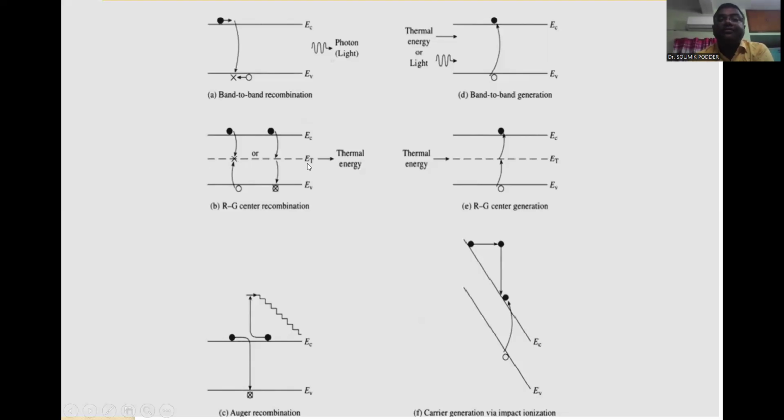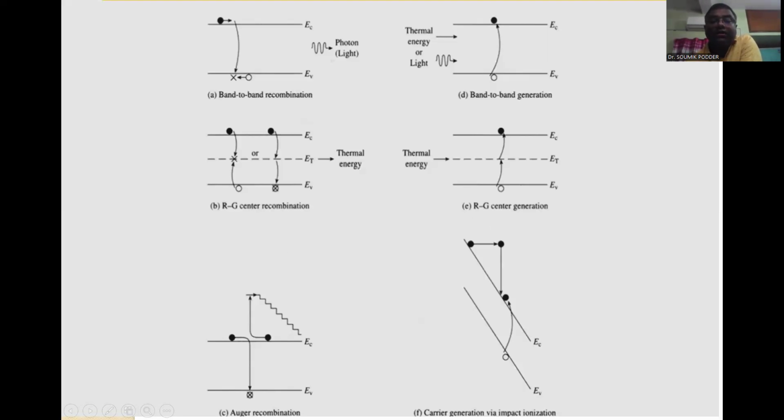So this is a different state where these electrons will go here and then recombine with the holes. This is RG center generation. It is not band to band, rather some thermal defect states are present. So these defect states will provide the RG center.